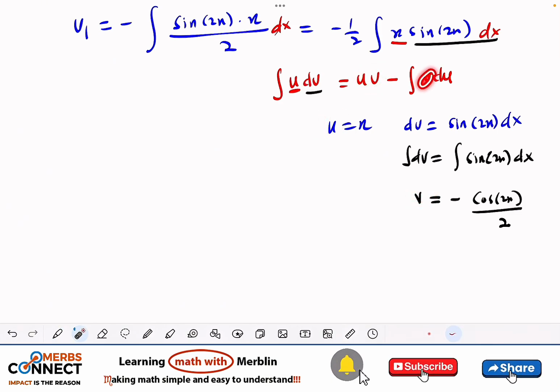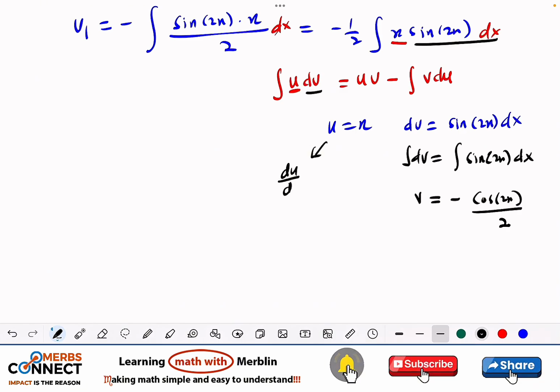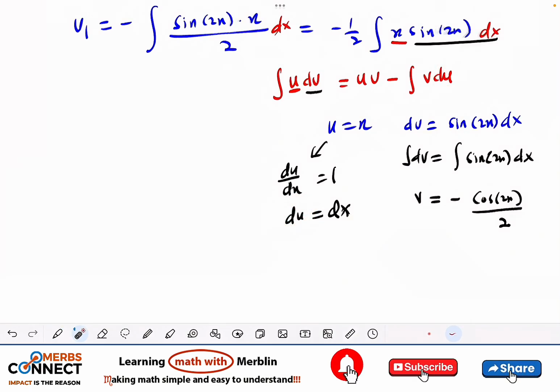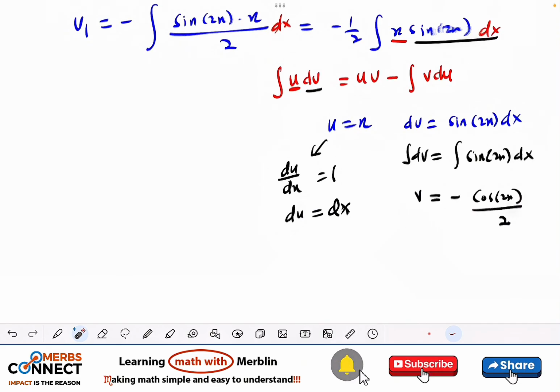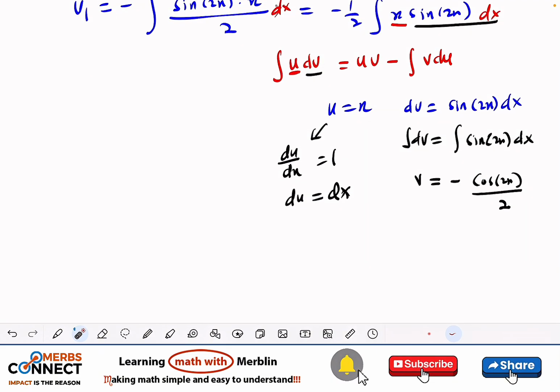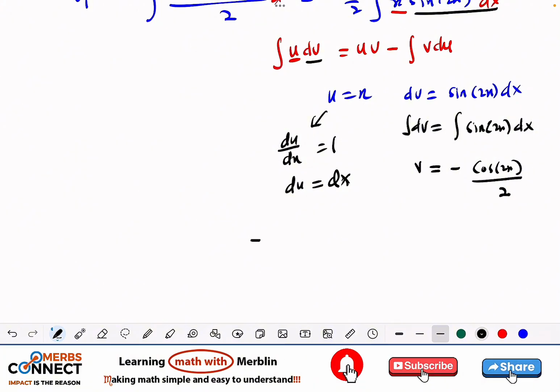Now v is also here, but we need the du. We can get the du from here by differentiating u with respect to x. So du over dx is equal to 1, and du is the same as dx. So we've gotten du also here, so we can just plug them in. So let's see what we get. We are going to have this to be equal to minus 1 over 2 in brackets.